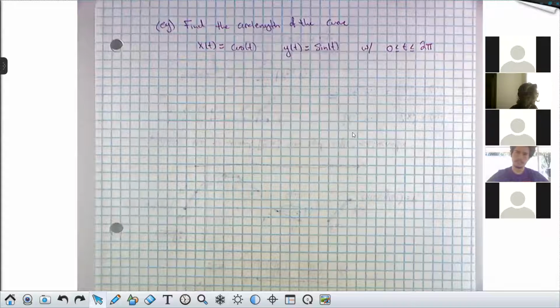So we know from last time that this is the parameterization of the unit circle. What we're going to be finding here is the length, or circumference, of the unit circle.